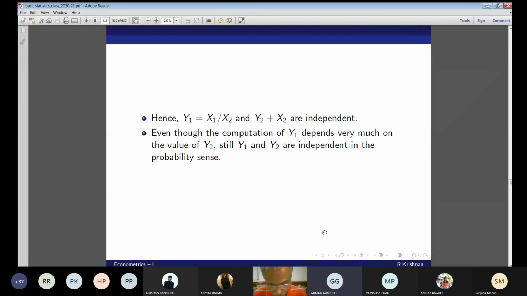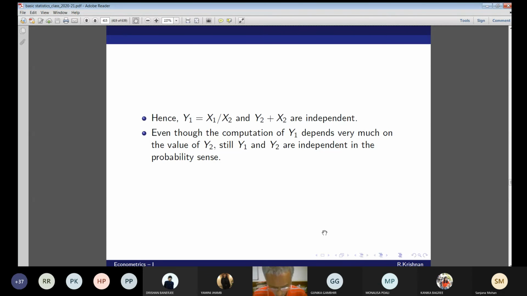Yes, sir. So what will be the joint PDF? Product of the marginals, e to the power minus x1 minus x2, isn't it? So x1 support between 0 and infinity, x2 support between 0 and infinity. You are defining two new random variables, y1 equal to x1 minus x2, y2 equal to x1 plus x2.